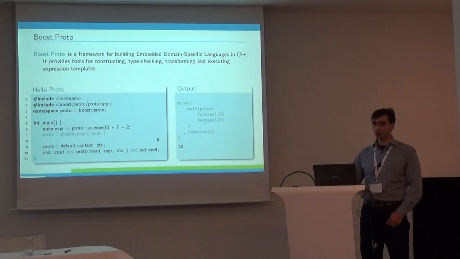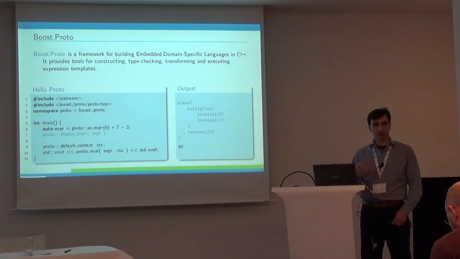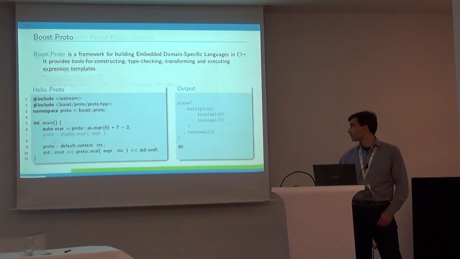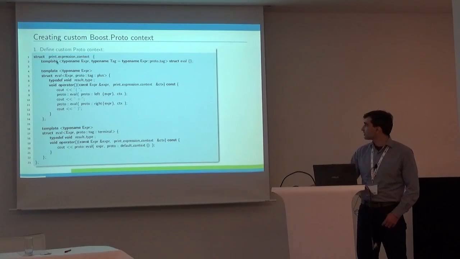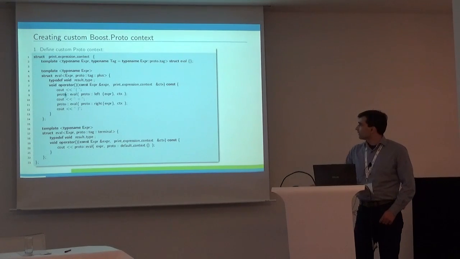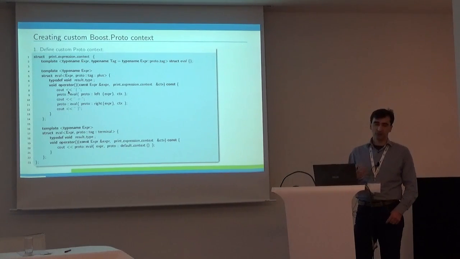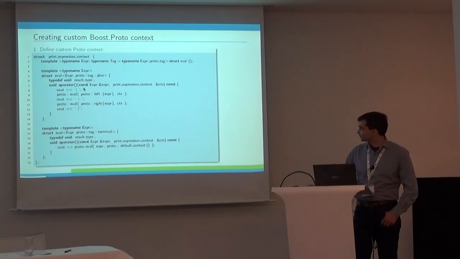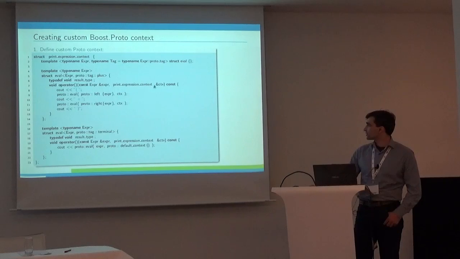And if you want to do some more advanced work with Boost Proto, you have to provide your own Boost Proto context. And you do this by defining this struct, which has several specializations of this template eval. So for example, here we want to build a textual representation for an expression, and we take an expression as the first argument, and we take a context as the second argument.